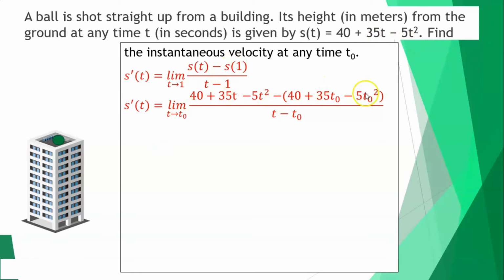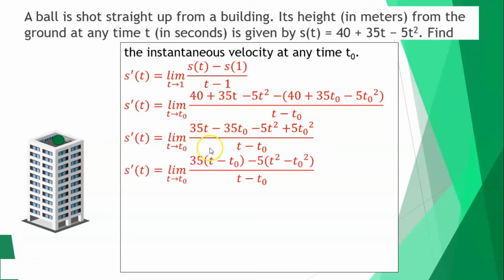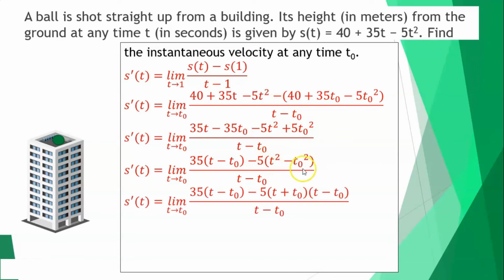So substitute t by t₀ over t minus t₀. Simplifying, we will get this one. Now we will factor out 35 from the first terms, so we'll have t minus t₀, and factor out negative 5, so we'll have t squared minus t₀ squared. Take note, this is a difference of two squares, so we can still factor that.